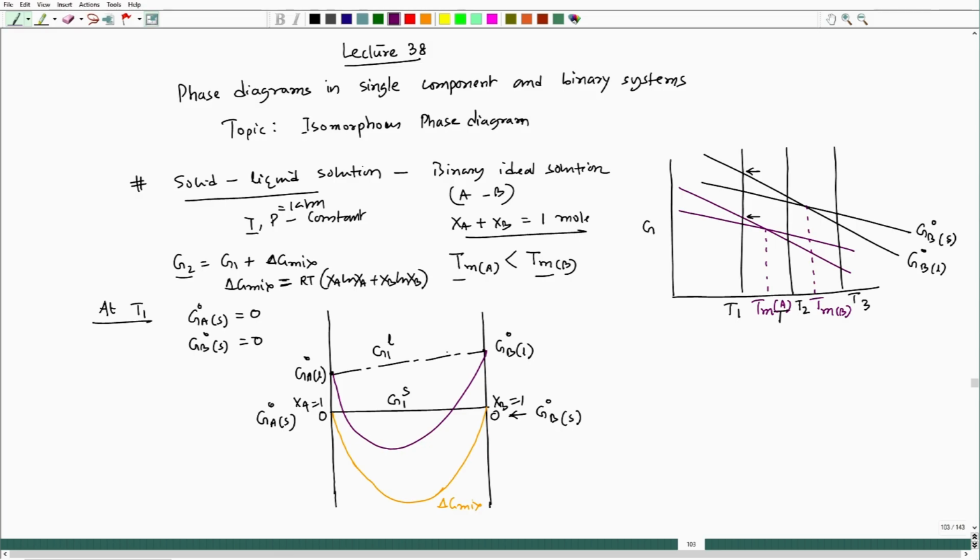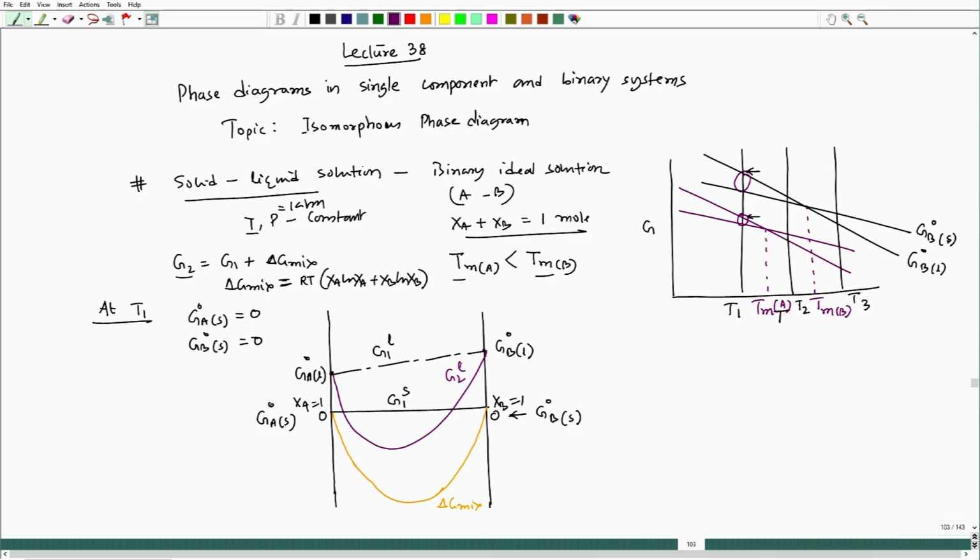Because I see that G B naught liquid and G A naught liquid are not on the same line, they are different, and that is coming because this gap is a little more than this gap. So, that peak point will shift a little towards the left for the liquid. This is G2 liquid.